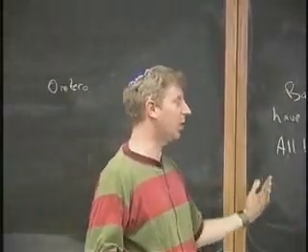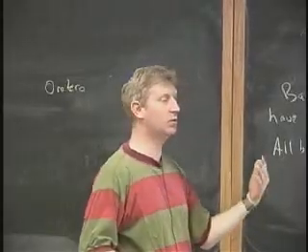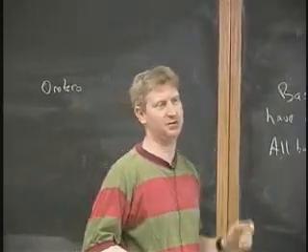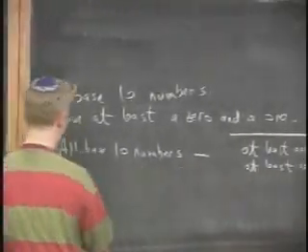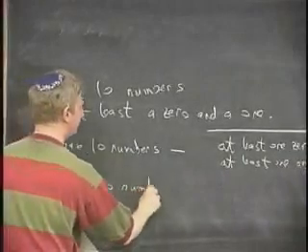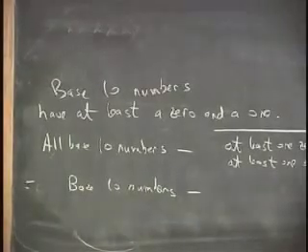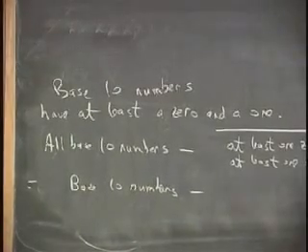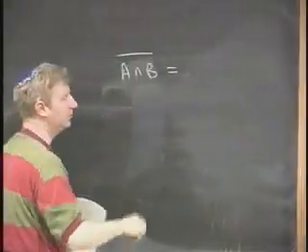But it's not just the ones that have no zeros or... Let's see what it is. This equals all base 10 numbers. You can all just do it logically. But remember this from set theory? A intersect B complement equals what?